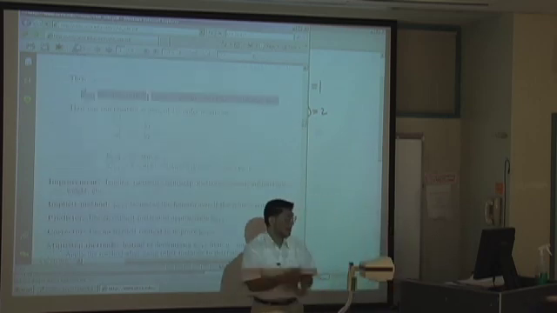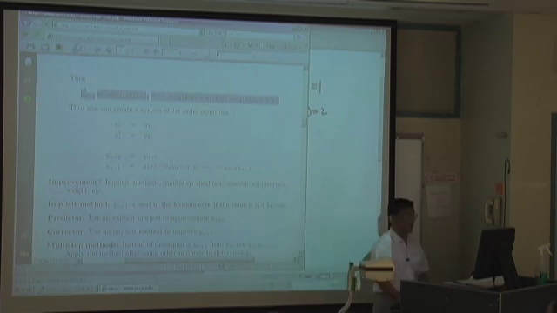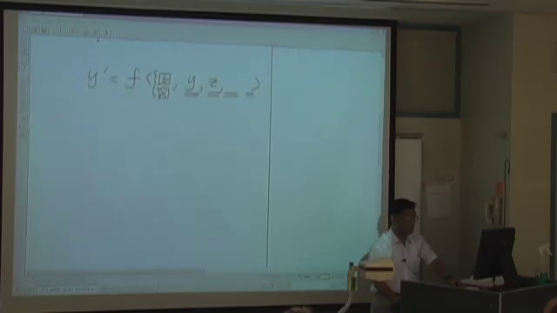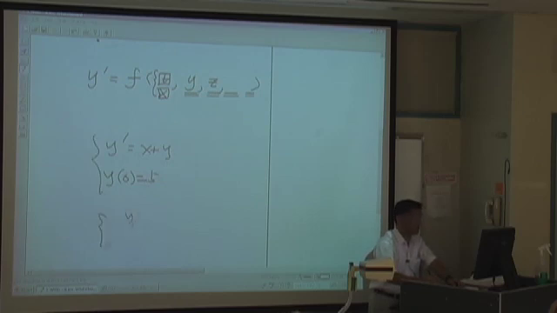So when you have a first order differential equation, we have a differential equation like this, and then y of 0 equals, for instance, 5. This is given by the problem, right? When you have a second order differential equation like this, then y of 0 is, for instance, 5 and y prime of 0 is 2. So these should be given by the problem.